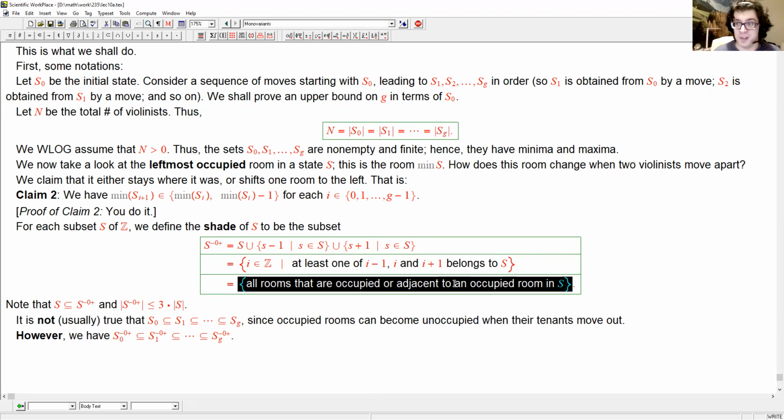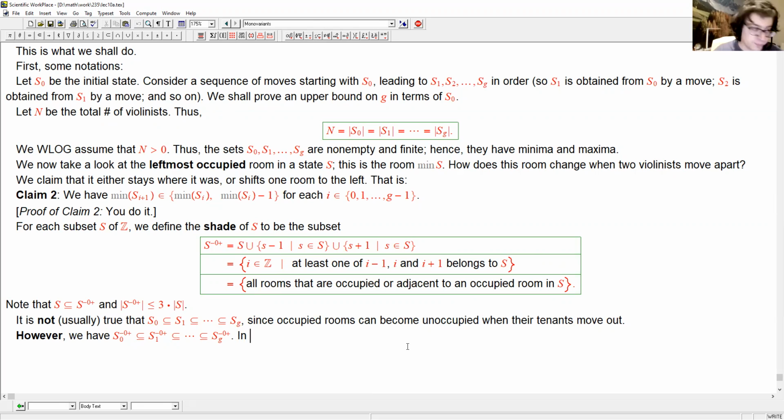If it once has this property, it will always have this property. Let me restate this as follows. We have the shade of S_i is a subset of the shade of S_{i+1} for each i in 0, 1, to G minus 1.